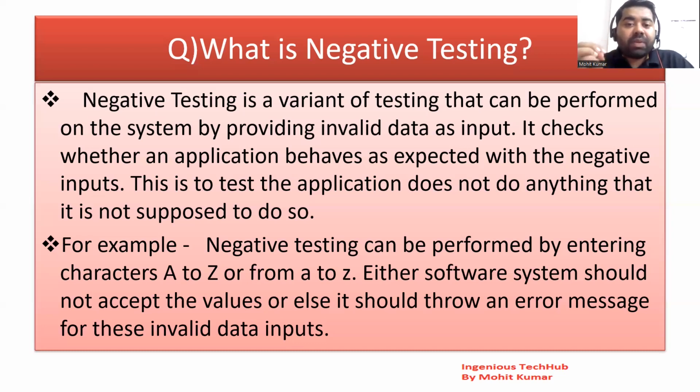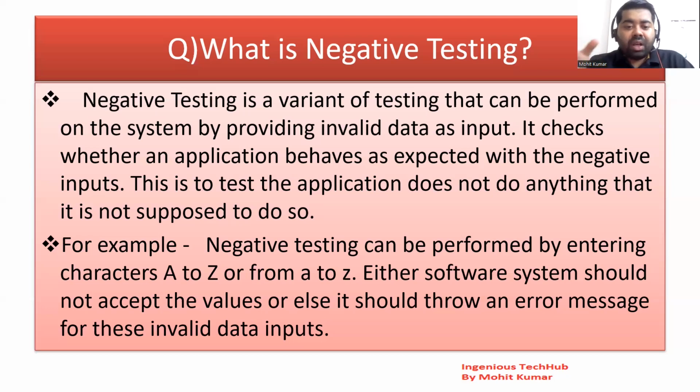Negative testing is a variant of testing that can be performed on the system by providing invalid data as an input. It checks whether the application behaves as expected with negative input. It tests that the application does not do anything that it is not supposed to do.